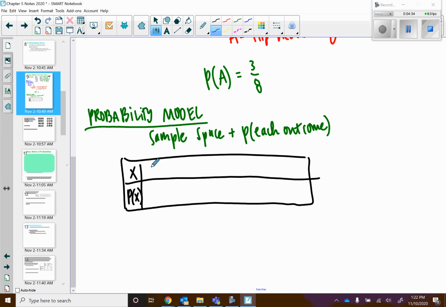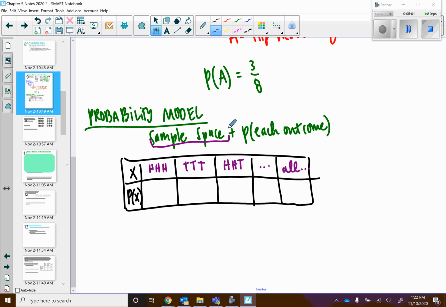So for example, heads, heads, heads is one of our pieces of our sample space. Then we've got tails, tails, tails, heads, heads, tails, etc., all the way through until the last one, so like all of them, right? And that's a sample space.